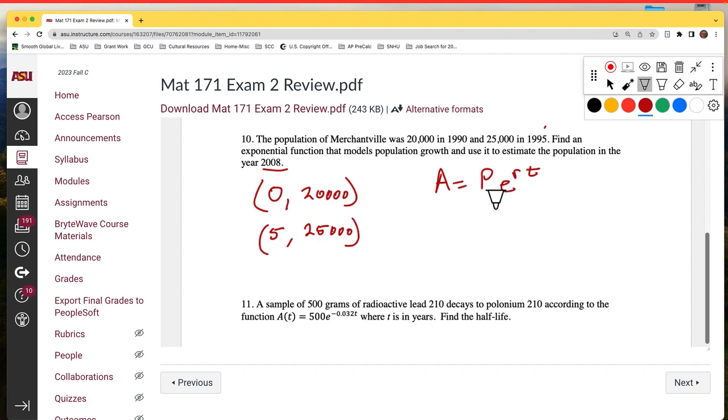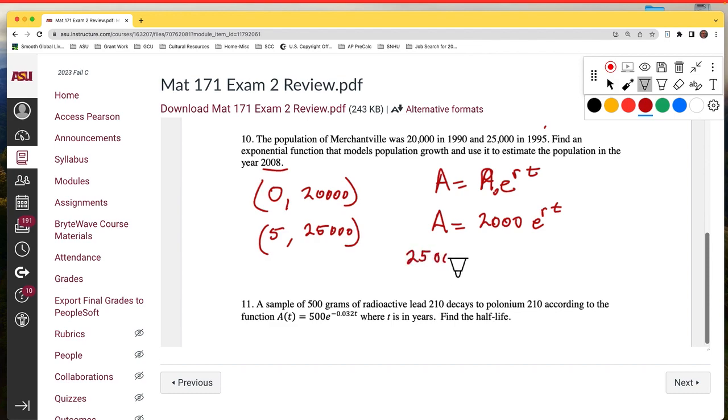That's our initial. Actually, I think they use A and A naught in the formula instead of P. We could do that, A naught. So then our function so far is A equals 20,000 e to the rt. We use our second point. When we plug in 5 for t, our answer is now going to be 25,000.